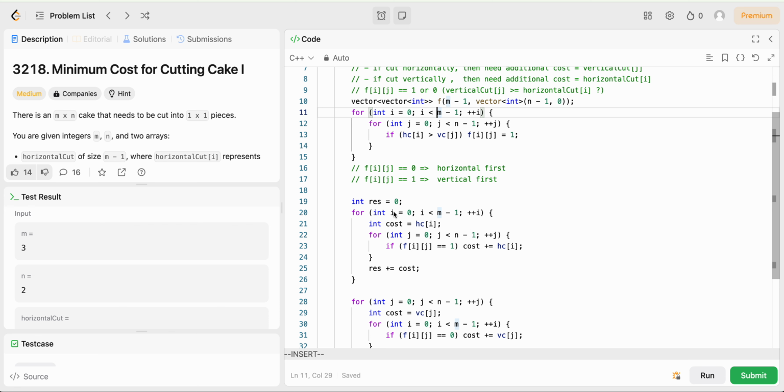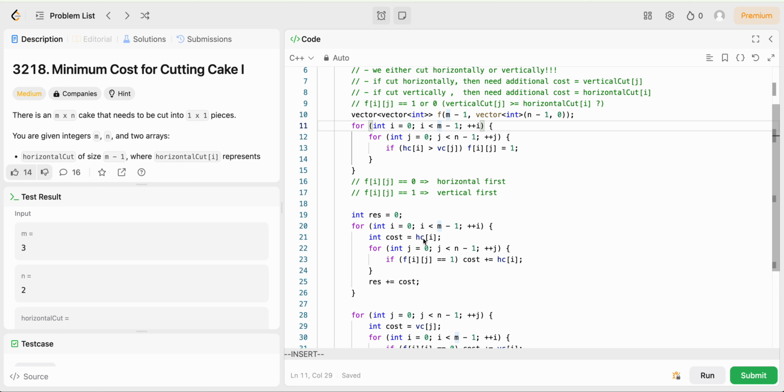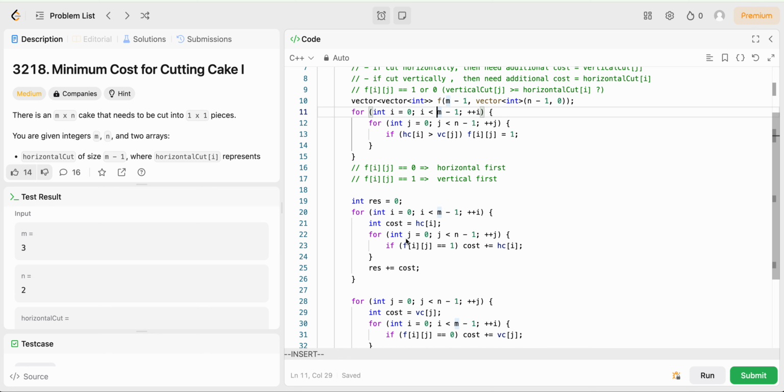Then we have the final return value RES. Then for I equals 0, I less than m minus 1, plus plus I, we have this cost equal to the horizontal cost at position I. Then for every j from 0 to n minus 1, if Fij equals 0, it means we will do the vertical cut first, which means we need to add HCI into this cost.